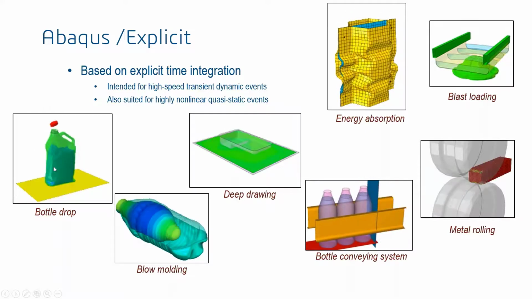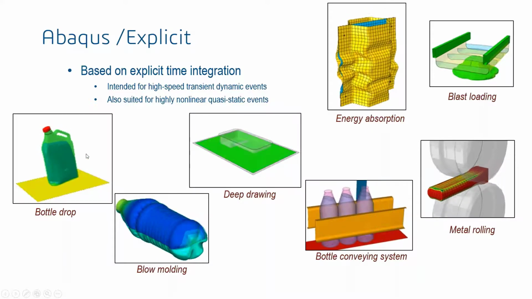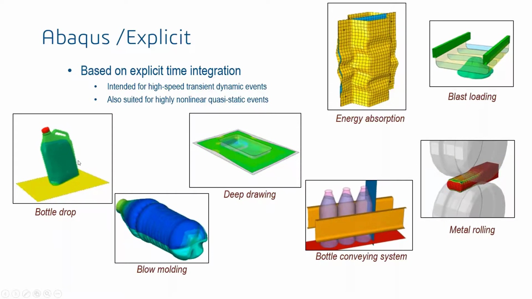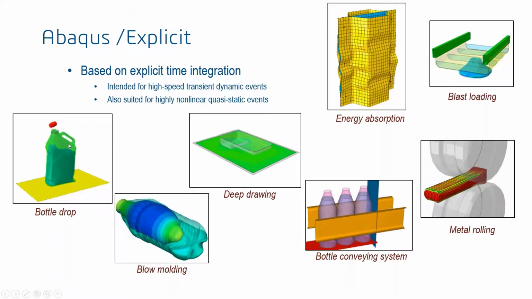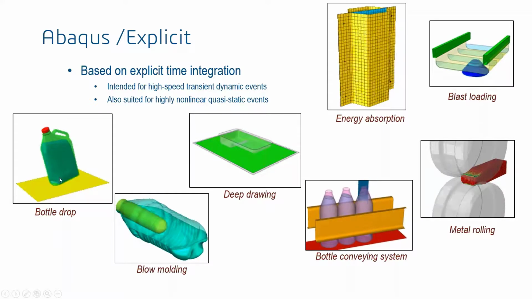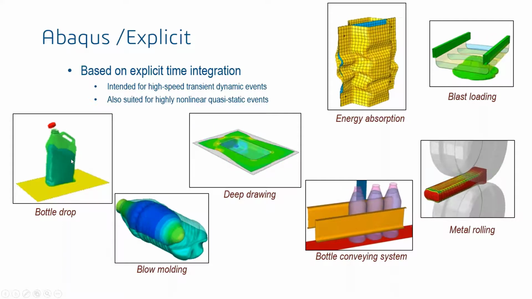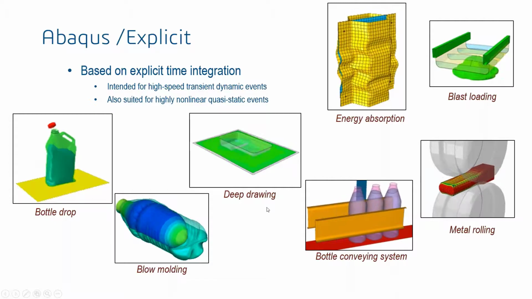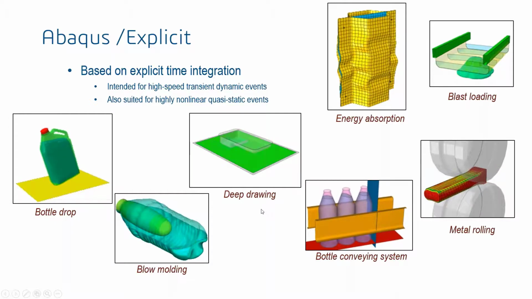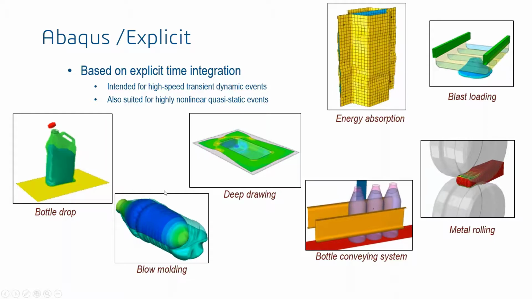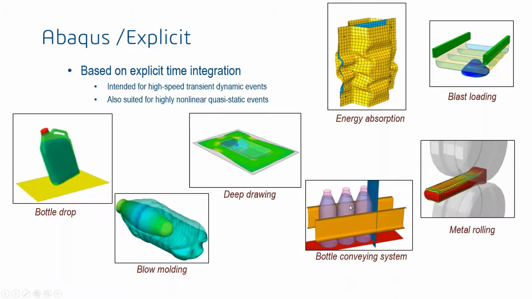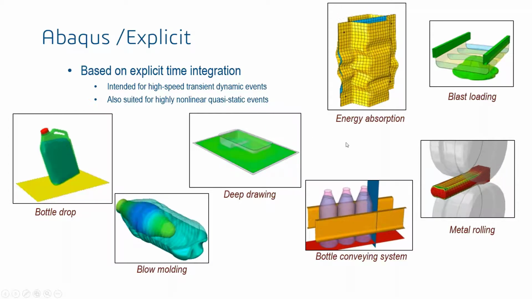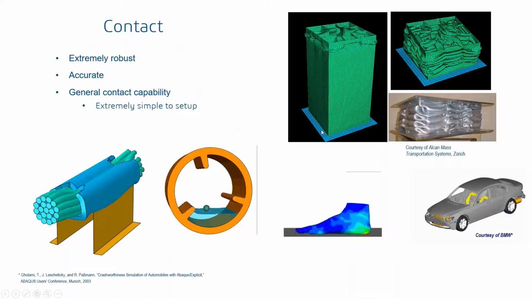This is done across many of our customers to ensure that the packages, or juice packages or whatever, will be able to sustain a drop event without fracturing and spilling all the fluids across the floor. Manufacturing simulations and bottle conveying systems are all examples where Abaqus Explicit can efficiently be used.